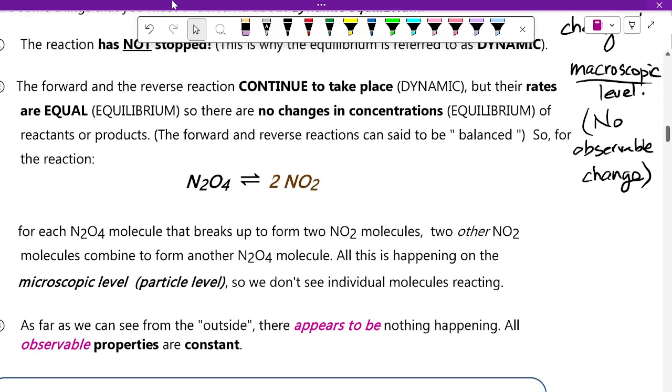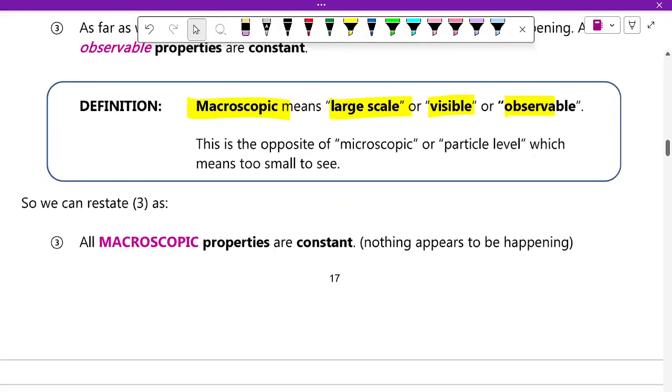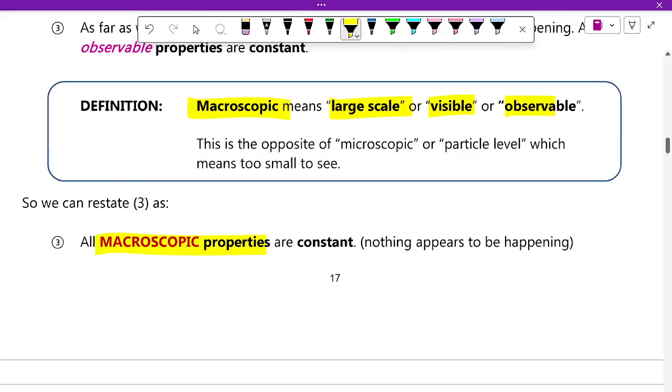All right. We've already talked about this, but macroscopic means large scale, visible, observable. Can you think of some macroscopic properties? Mass, color, what else? Temperature.